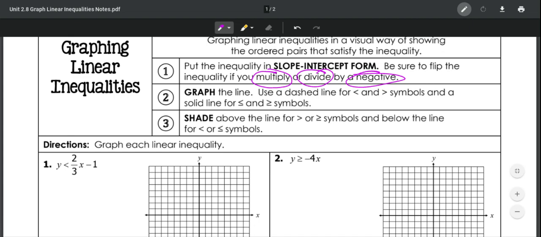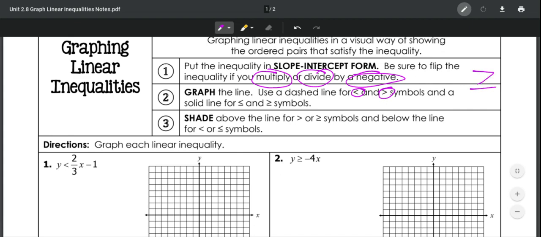So when you graph the line, there are only a few things you've got to keep in mind. Initially, you have to figure out if you use a dotted line or a full line. You use dotted or dashed lines for just less than or greater than. Here's the way I remember it. It's the same way I told you to remember closed points and open points when we're doing graphs.